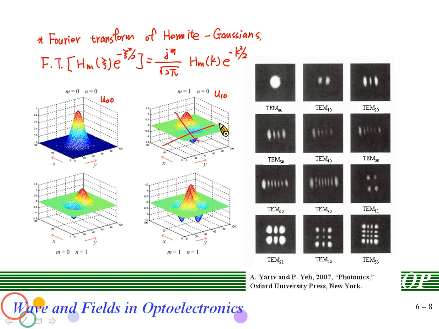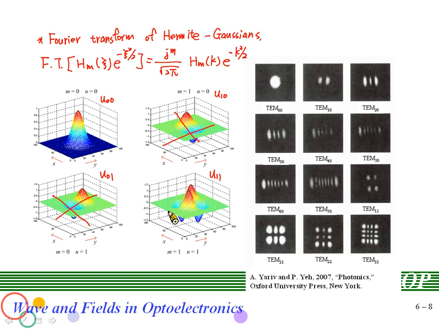Along y, you will have only 1 peak. And this one stands for U01. Along y, you will have 2 peaks. Along x, you will have 1 peak. And this one, of course, corresponds to the U11 function. Along x and along y, you will have 2 peaks.